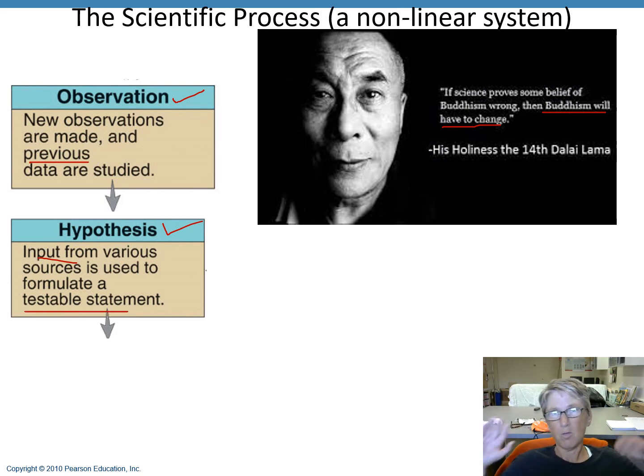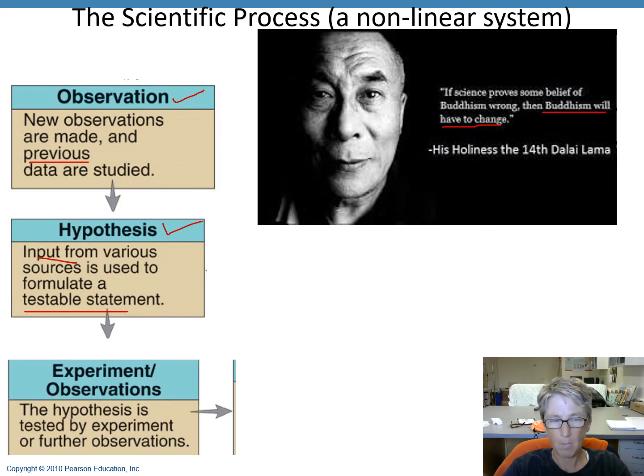I like to use the if-then motif for my hypothesis. If A, then B, because then you can test it. So hypotheses in an if-then format. And then if it's a testable if-then statement, then you can do an experiment and make more observations of your own. So the hypothesis is tested by the experiment.